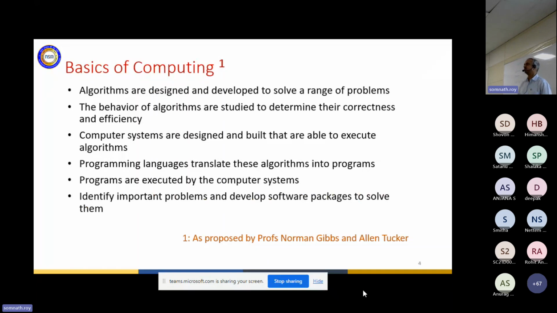Finally, once you have this setup, starting from algorithms to computers that can execute these algorithms, the next step is to identify the problems. Like we have here students and research scholars from various domains.